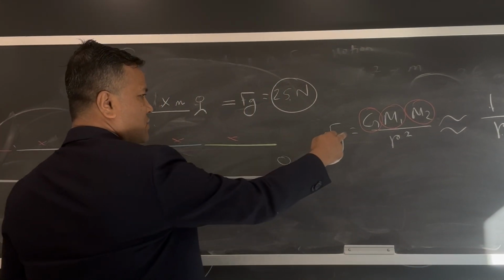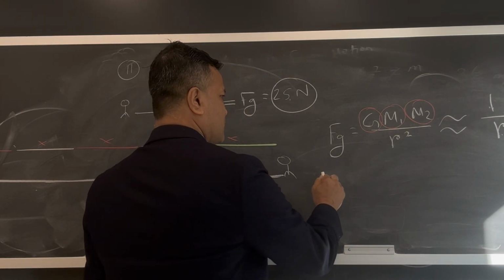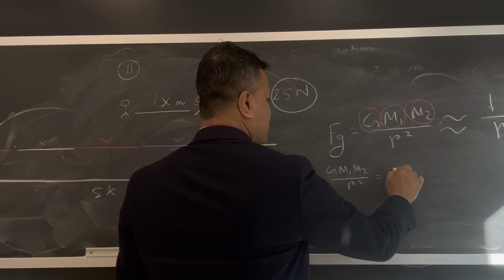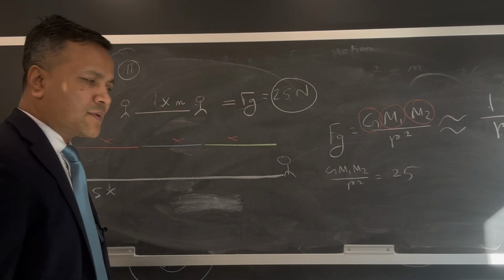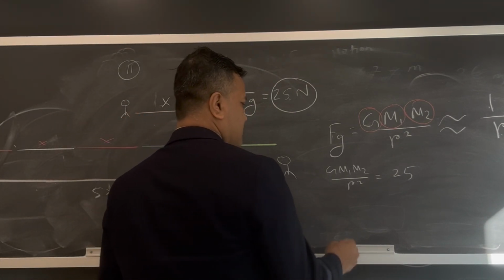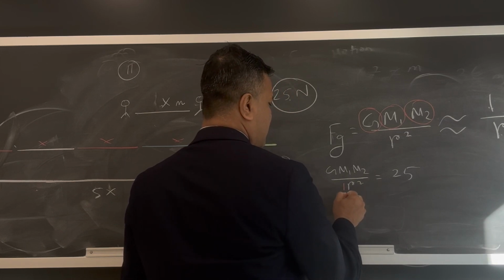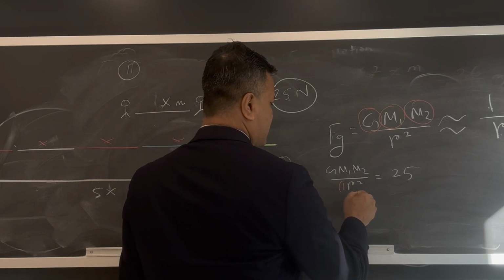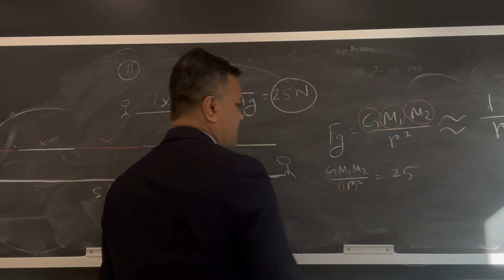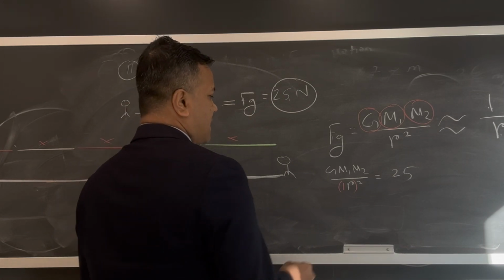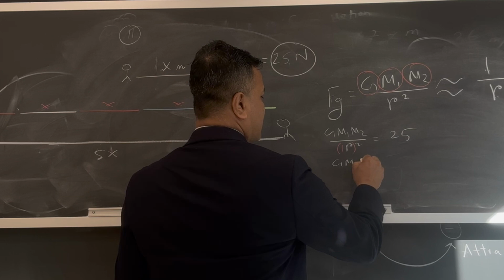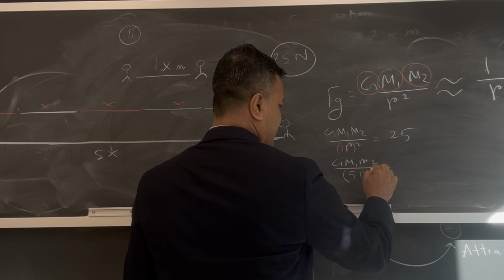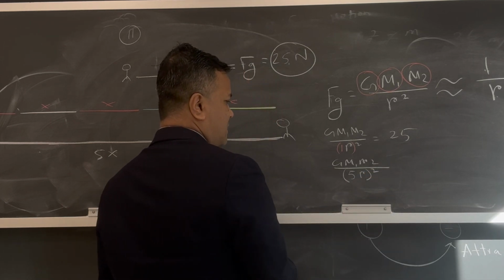Let's use this equation. Let's see whether we can figure it out. G m1 m2 over r squared is 25. Good. Why? Because radius is 1 squared, and 1 squared is just 1 itself. Now, G m1 m2 over 5r squared. So what do you get?